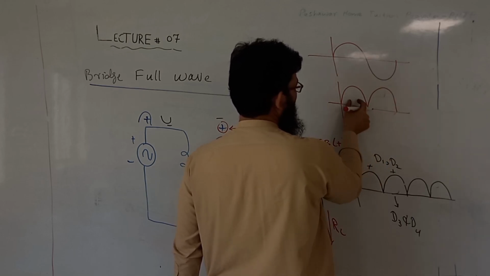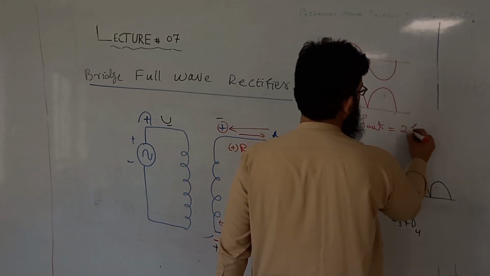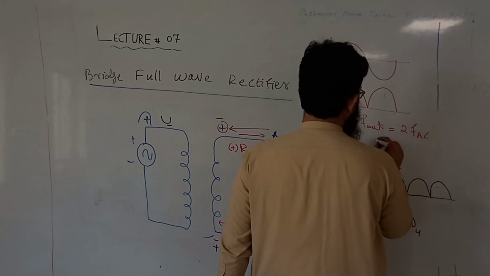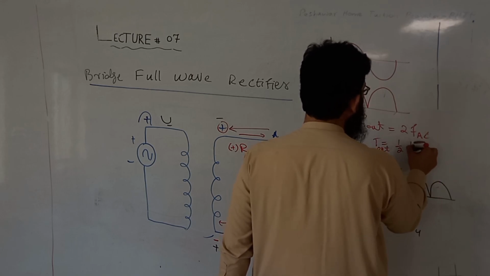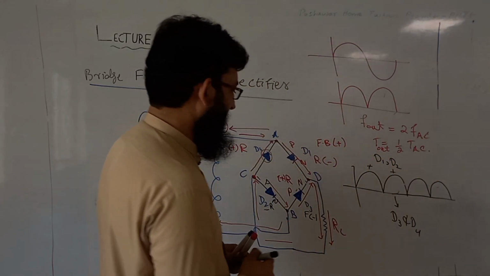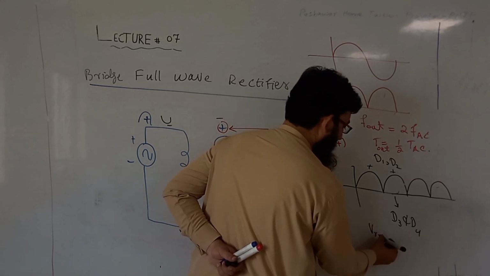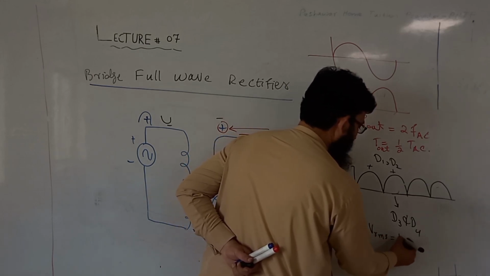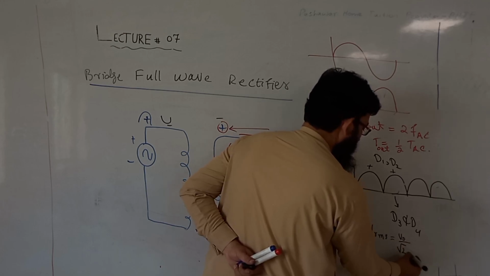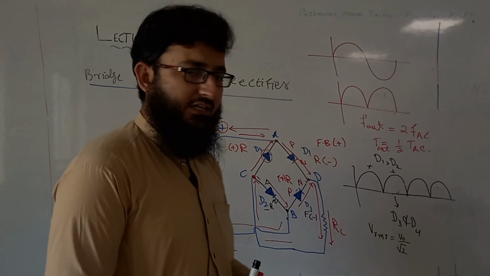So this DC output again has 2 peaks, so the frequency of the output is again 2 times the frequency of the AC, and the time period of the output is again half of the time period of the AC. And similarly, as we determined VRMS for the center tap full wave rectifier, it was V0 divided by under root 2, and for the full bridge wave rectifier it will again be V0 divided by under root 2.